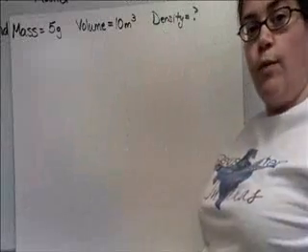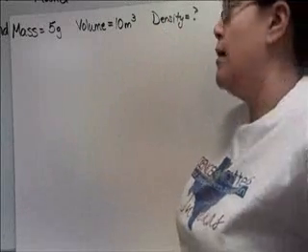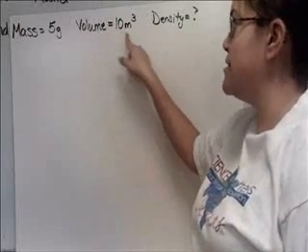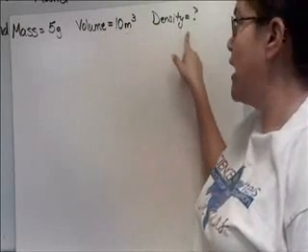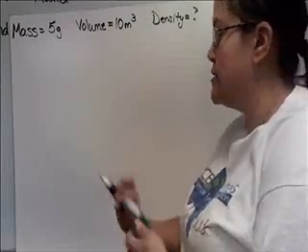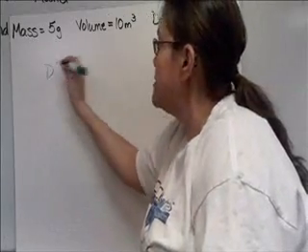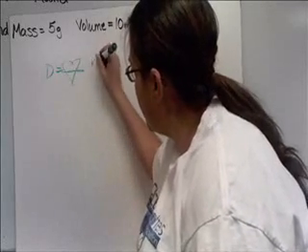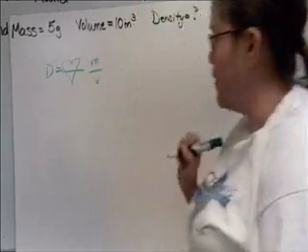Okay, let's do one more example. So here we have a mass of 5 grams. You have a volume of 10 cubic meters. And we're wondering what the density of this substance is. So remember, your formula equals density equals the broken heart or mass over volume.